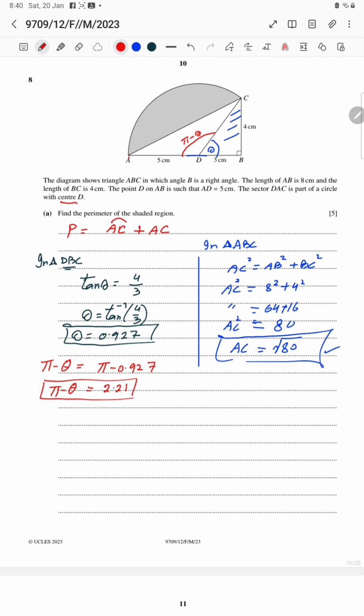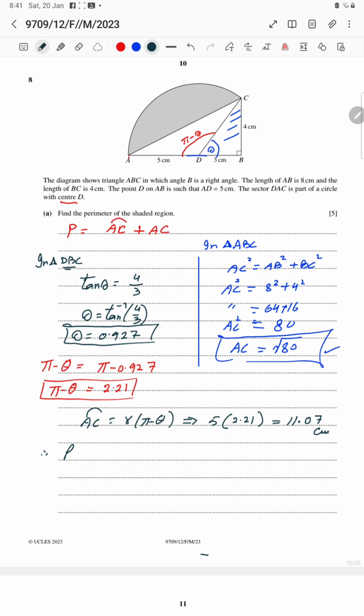So now by using this angle, the arc length AC will be r times pi minus theta, because this angle we are taking. So r here is 5, and this is 2.21 multiplied by 5, we get 11.07. That is measured in centimeters.